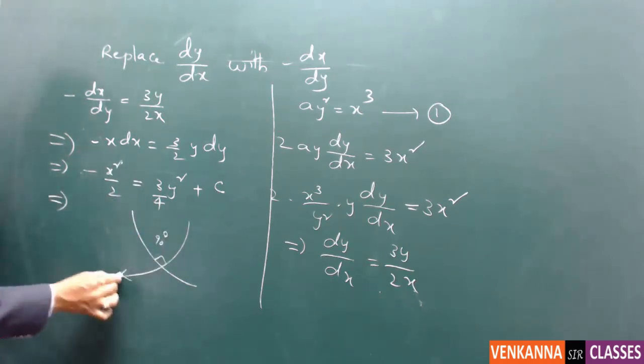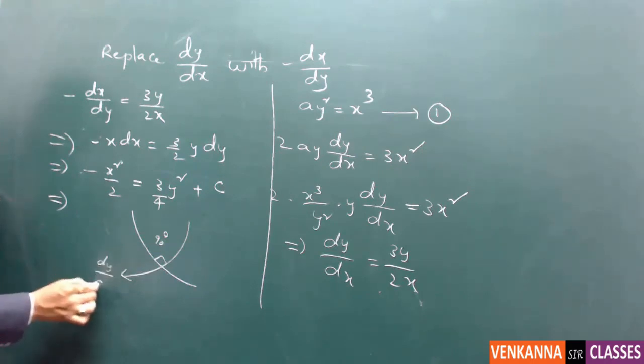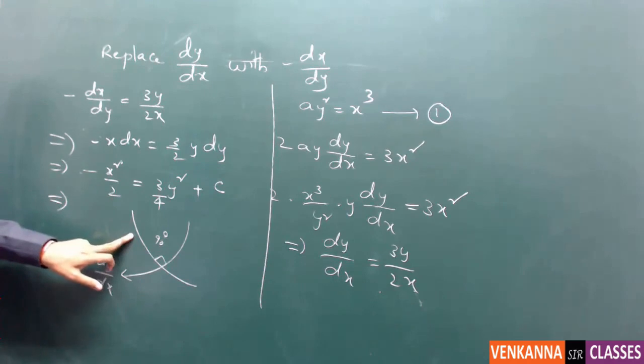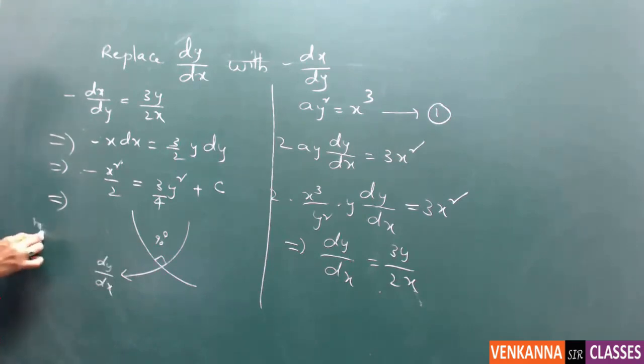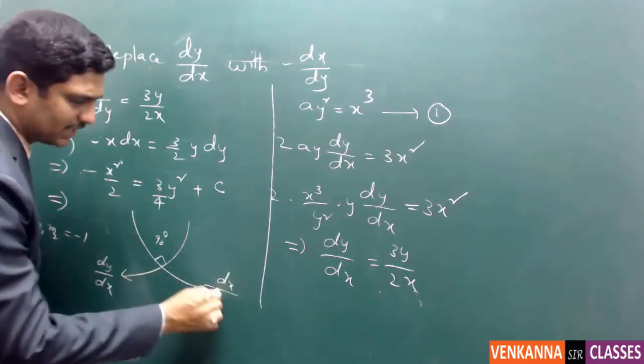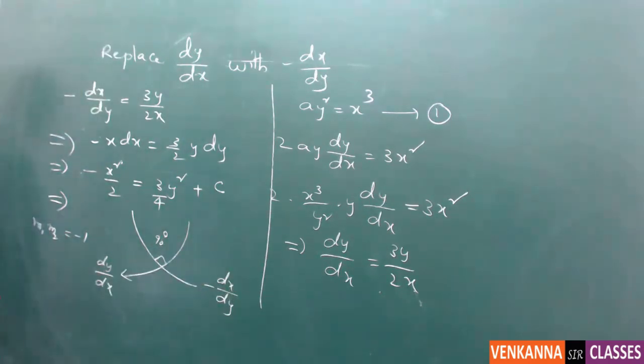So, if the slope of the curve is dy by dx, what will be its slope? Because the product of the slopes is equal to -1, its slope is nothing but minus dx by dy, because the differential gives the slope. Clear?